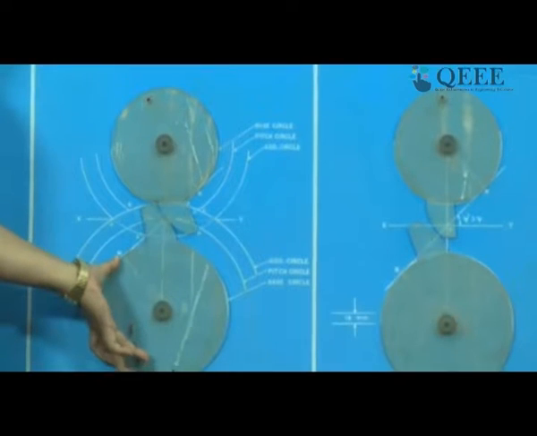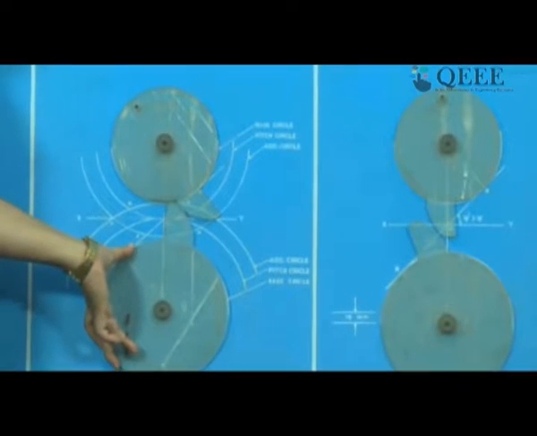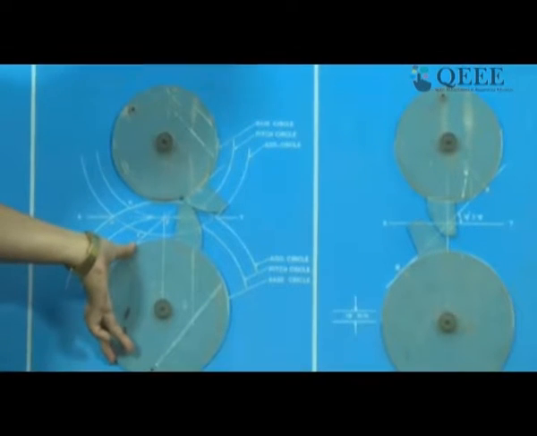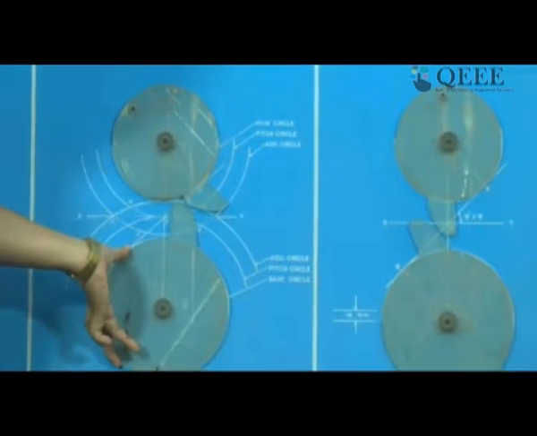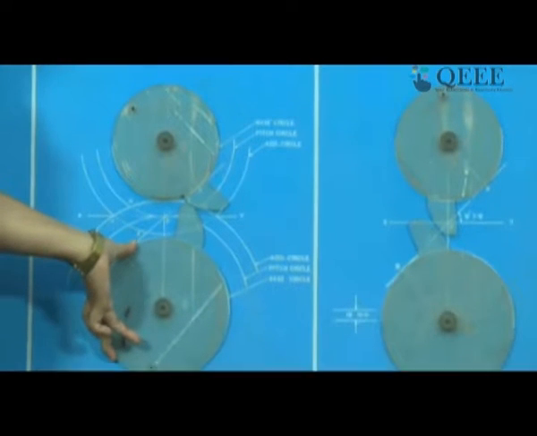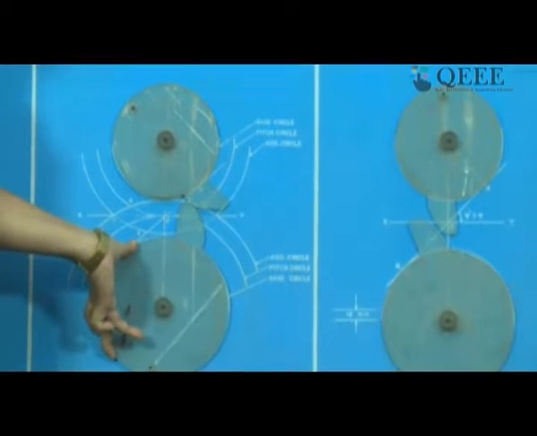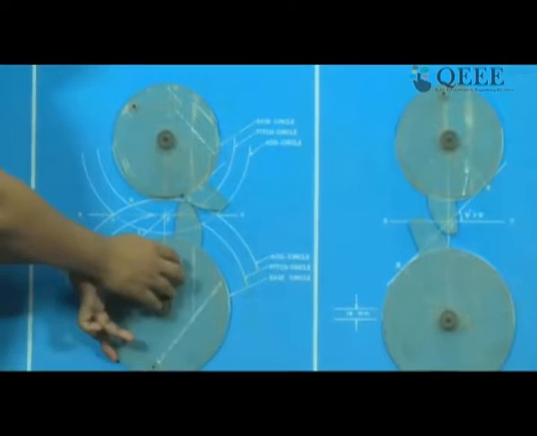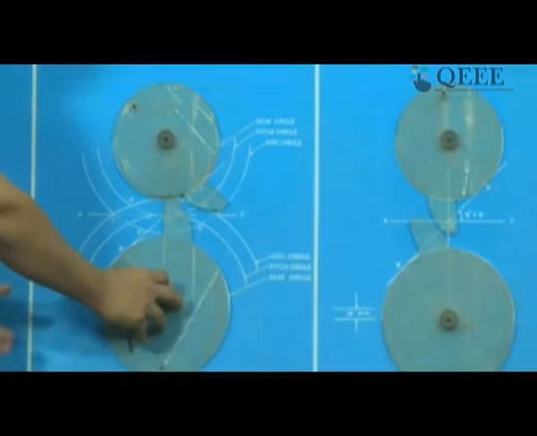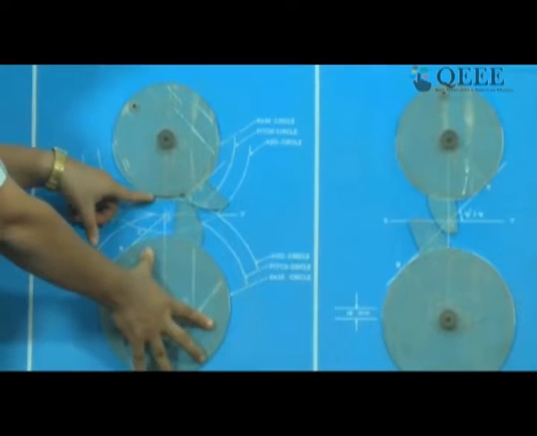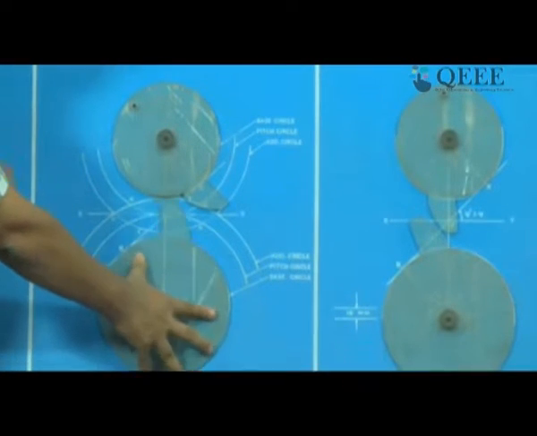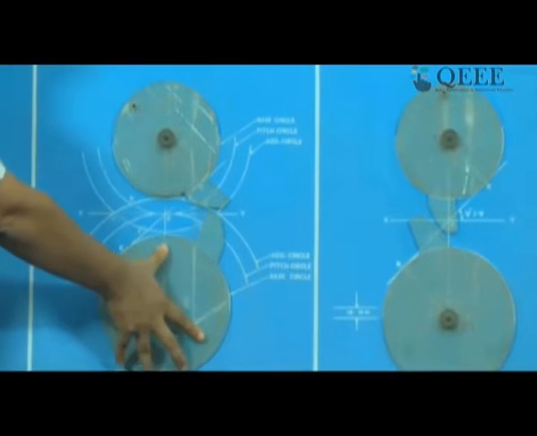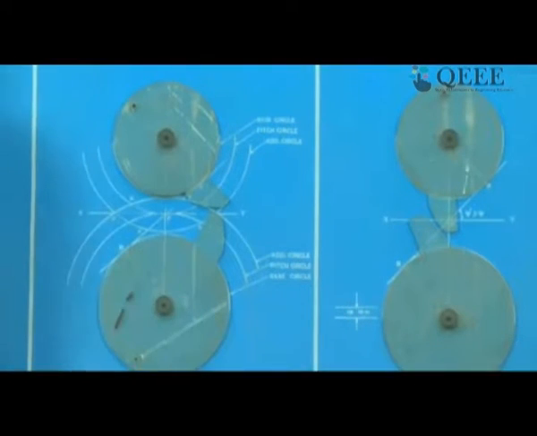And where is it getting disengaged? It is still in contact, it is still in contact. Then from this point onwards, it is getting disengaged. That point is where the addendum circle of this gear, the last time it is in touch with the driven gear, is where the last point of contact happens.